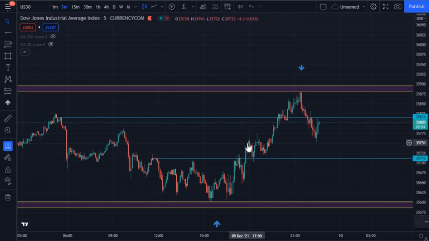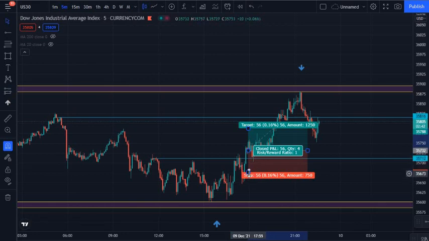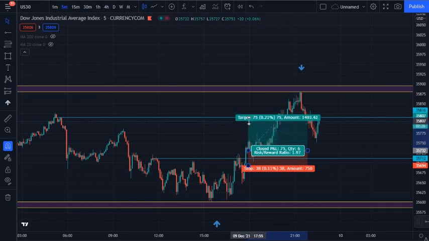It broke above and it closed above this zone over here. So this is where I did enter into the trade, a long position. There we go, I entered about there, and this was my stop loss, just below the breakout candle, and that was our zone here.